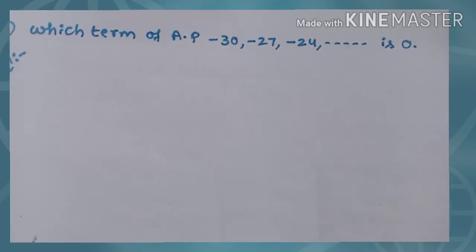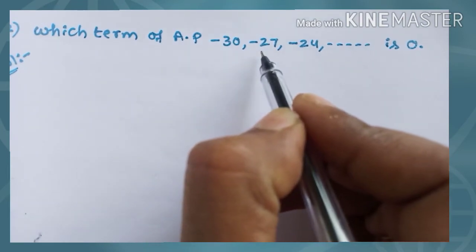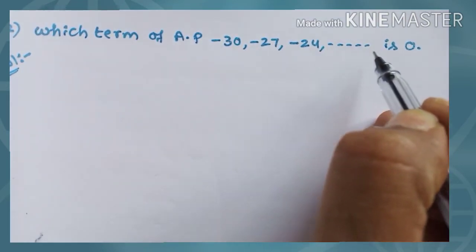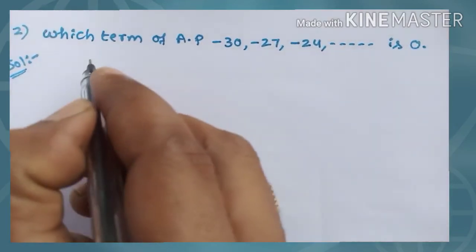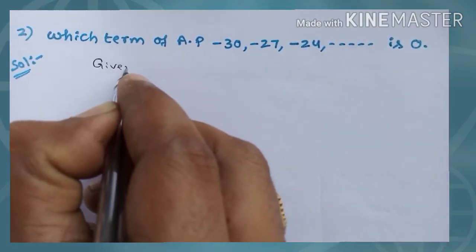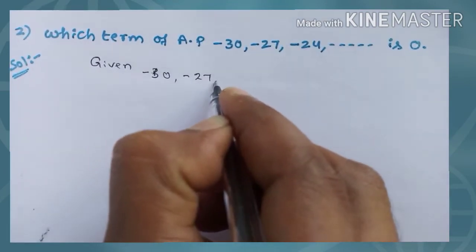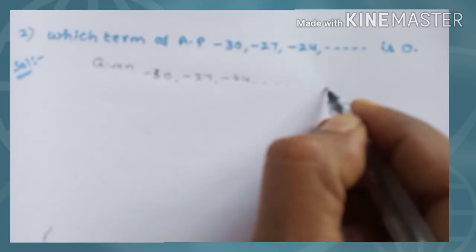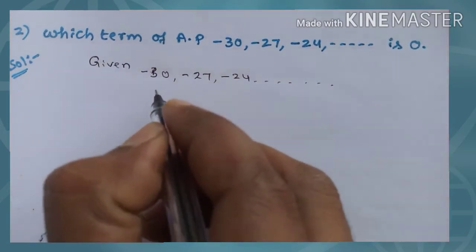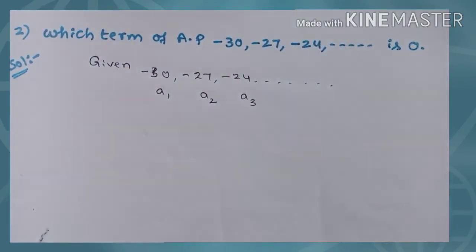Next, second one. Which term of the AP minus 30, minus 27, minus 24 and so on is 0? We can write the given terms: minus 30, minus 27, minus 24 and so on. Now this is called A1, A2, A3.